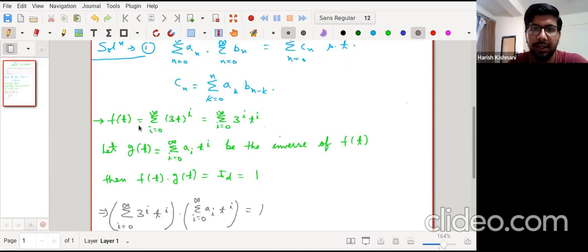From here you can see, if I put n to be 0, it is just k equal to 0 to 0, a_0 b_0. So it's just a_0 b_0.